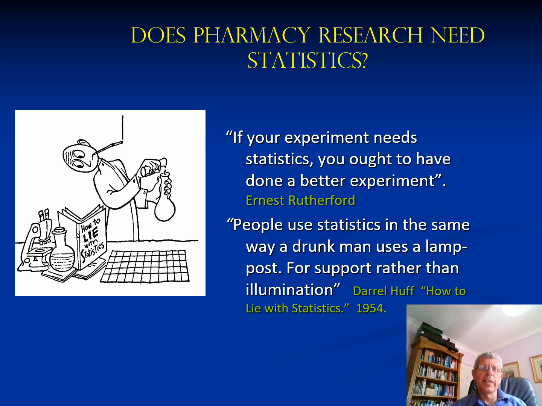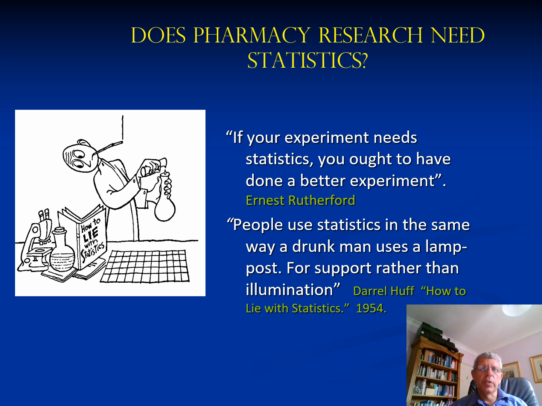Now, as we've seen in many situations, it's not possible to exert this level of control. For example, if we're looking at the relationship between cannabis and schizophrenia use, we can't control this experimentally. Or if we look at the relationship between smoking and lung cancer, we can't control this experimentally. So we can't do experiments in certain situations.